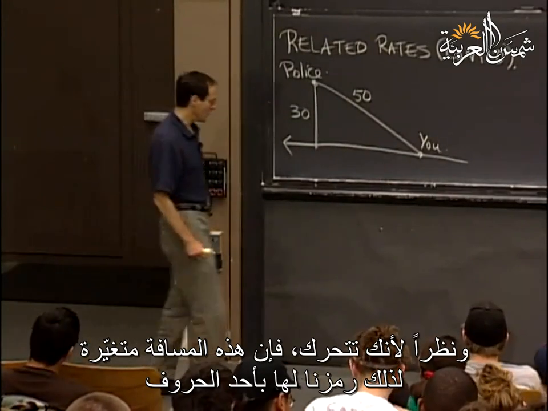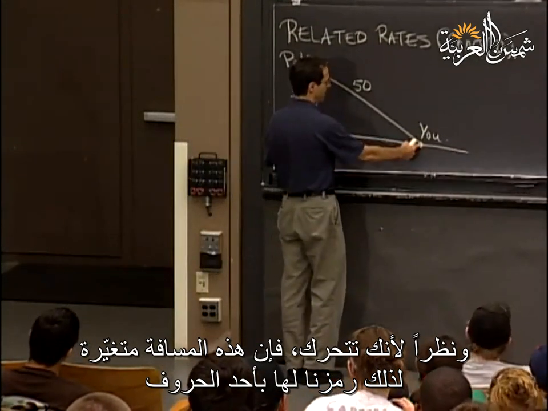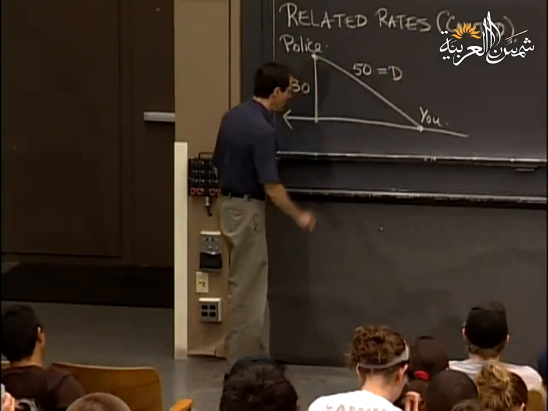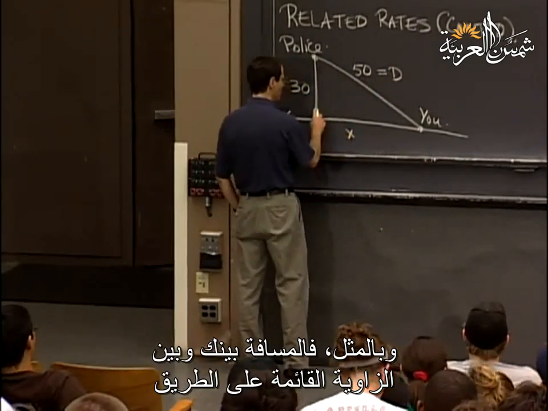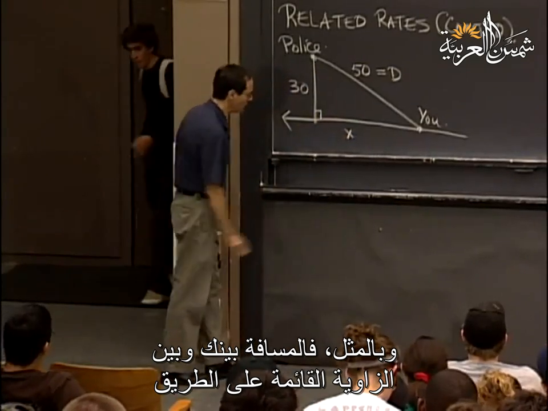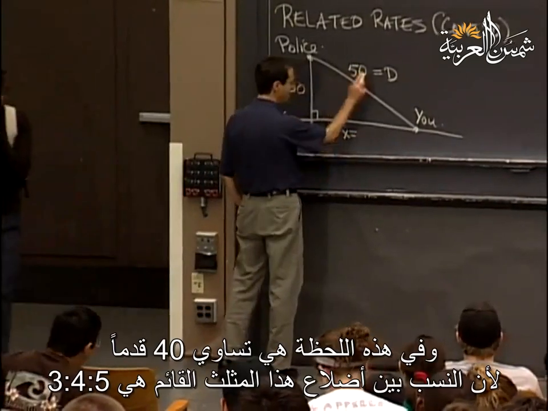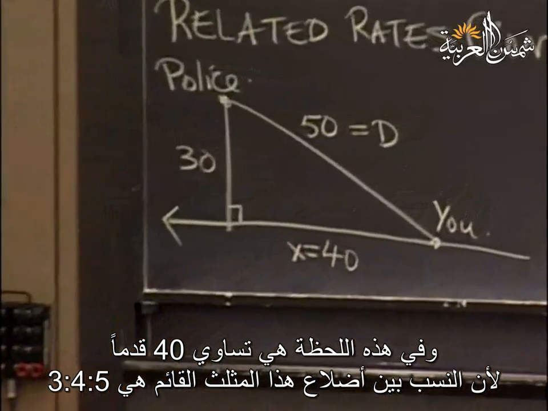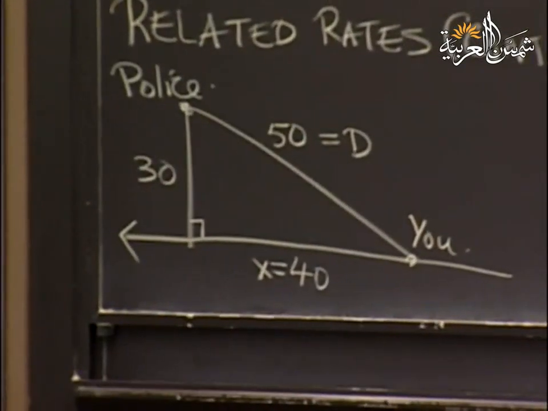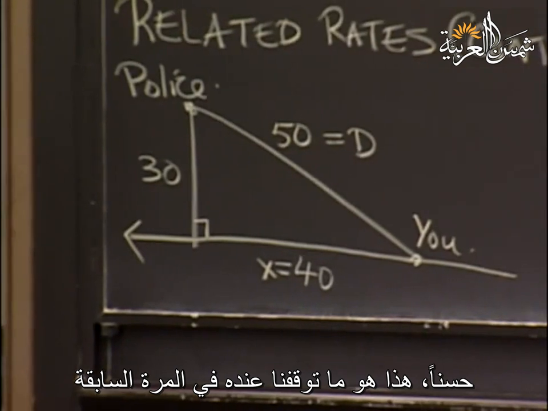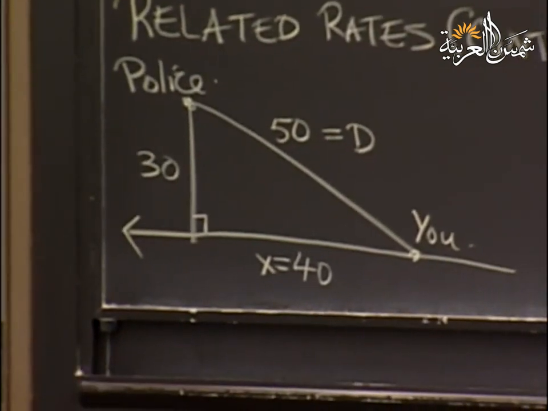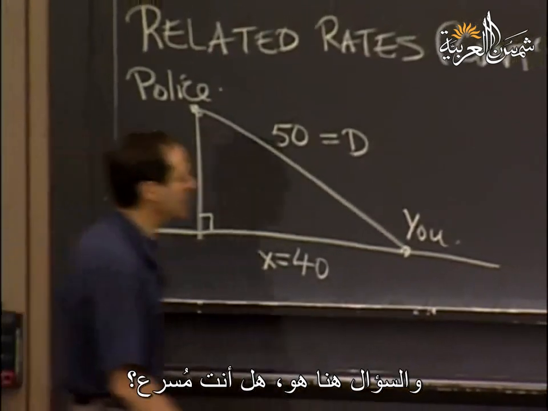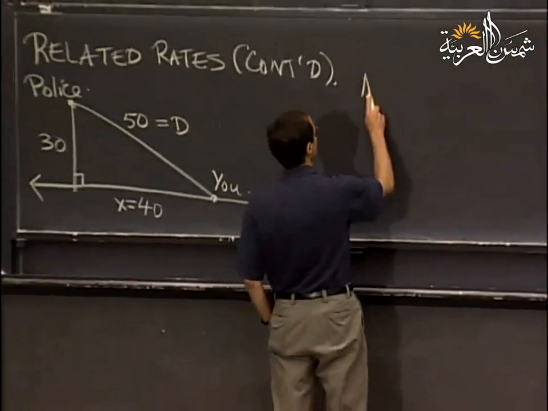Because you're moving, this distance is varying, and so we gave it a letter. And similarly, your distance to the foot of the perpendicular with the road is also varying. At this instant, it's 40 because this is a 3, 4, 5 right triangle. So this was the situation that we were in last time, and we're going to pick up where we left off. The question is, are you speeding?